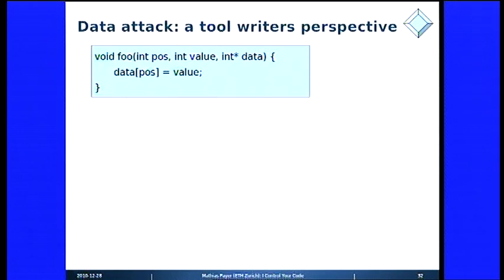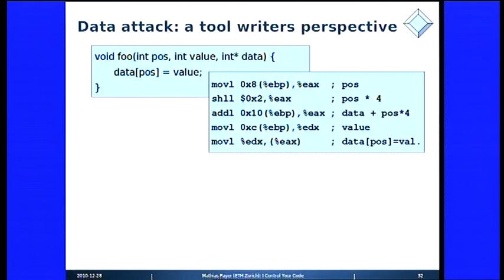This looks about like this. We've got the code: the data array at the position pos will be written with the value. In machine code, it looks a little bit like this. We load the pos argument, we multiply it by 4 using a shift. We then construct our pointer.